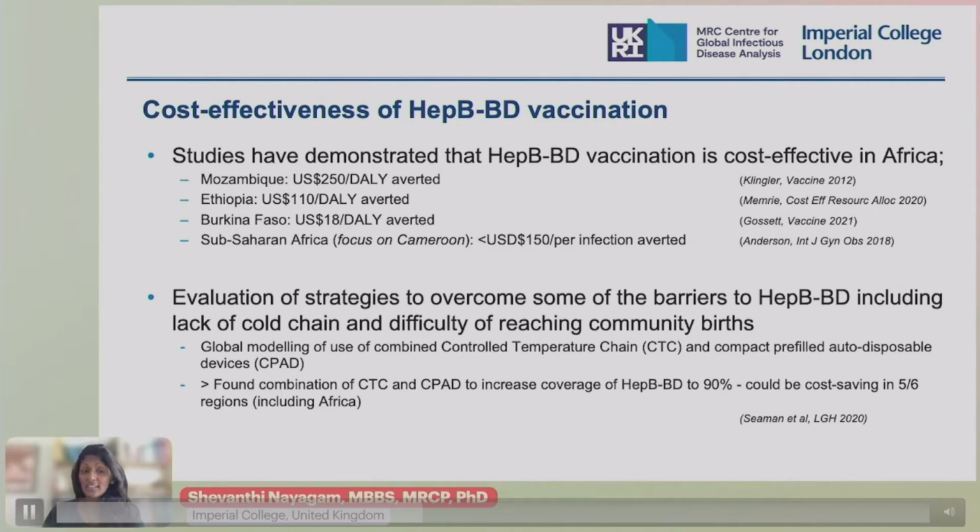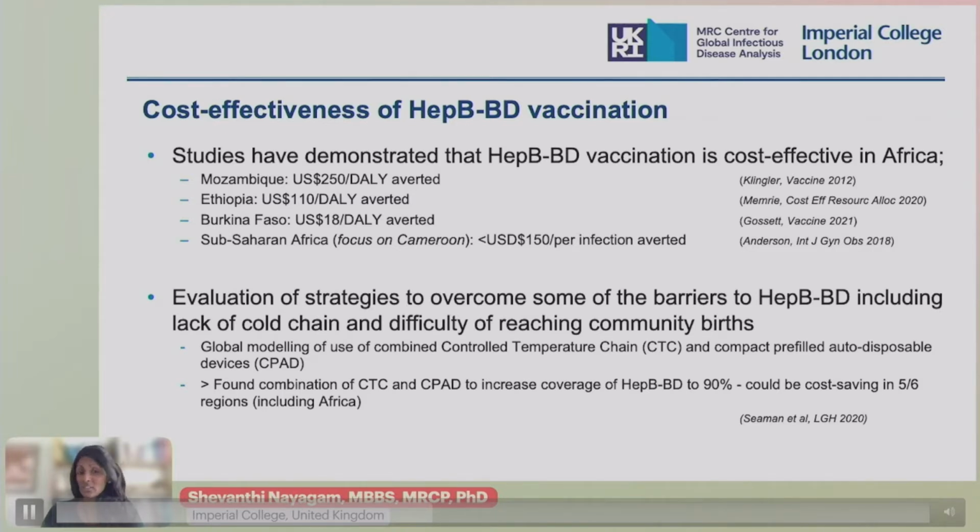There's also been studies looking at some strategies to overcome some of the main barriers to hepatitis B birth dose vaccination, which include lack of cold chain and difficulty of reaching community births.